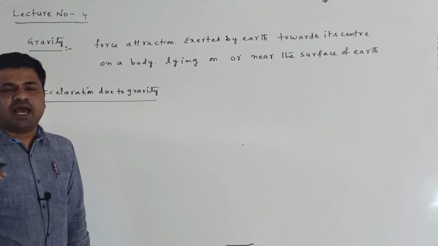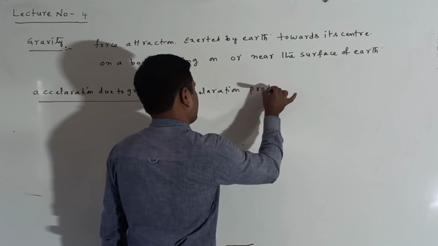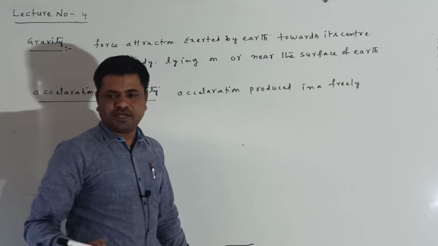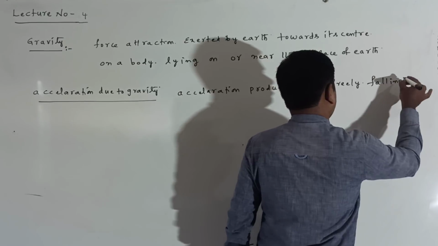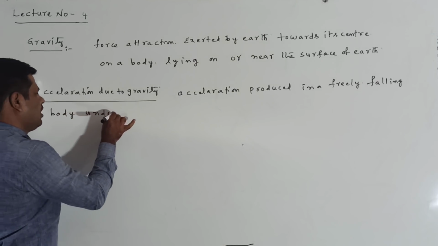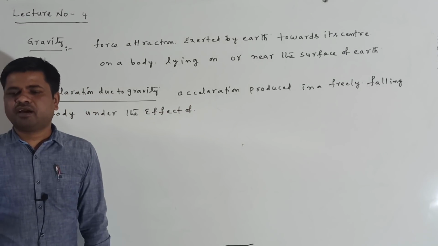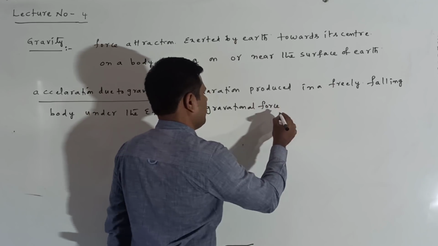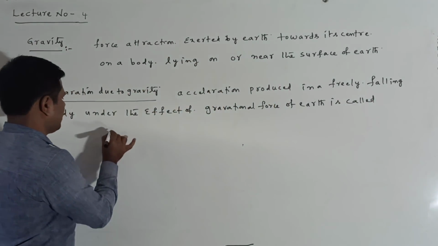Listen here: the acceleration produced in a freely falling body under the effect of the gravitational force of the earth is called acceleration due to gravity.